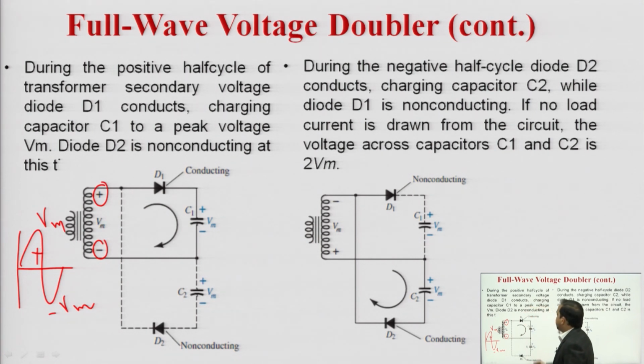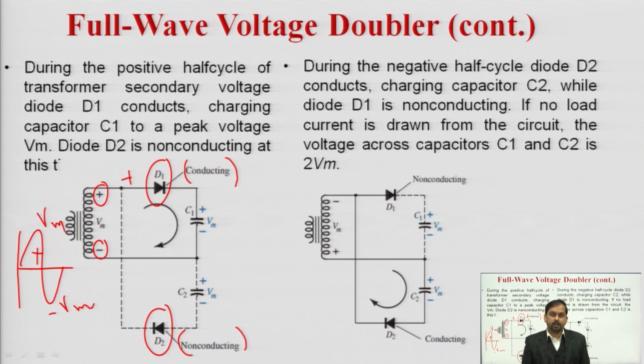Due to this, diode D1 is forward biased, or we can say that diode D1 is conducting. Once this diode is conducting, and this is positive, naturally diode D2 is off, non-conducting, which means this is an open circuit, whereas this is nothing but a short circuit.